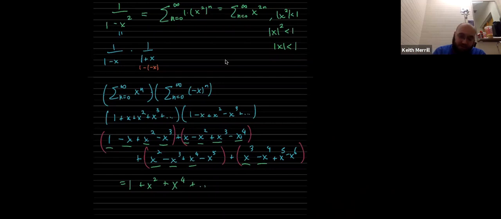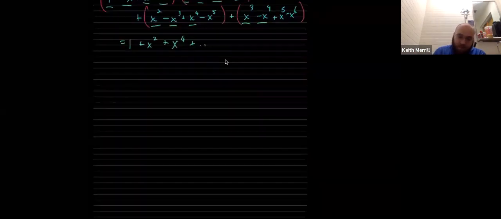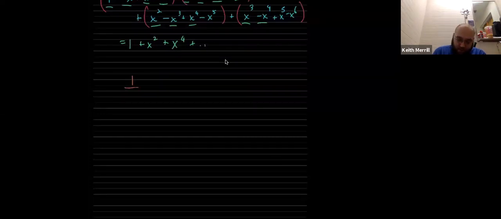So a special case of this, which is much easier to see, is that, for instance, if I take my function that I know, like 1 over 1 minus x, and I just want to put an x squared up top. Well, let's see what this should be.